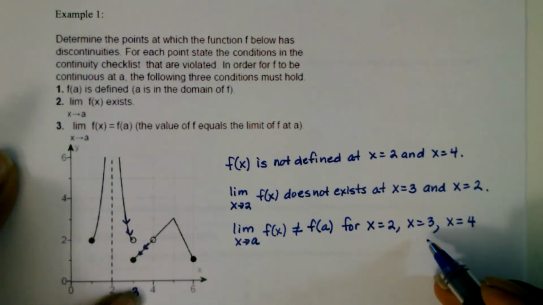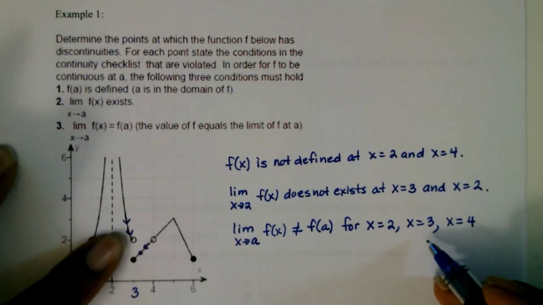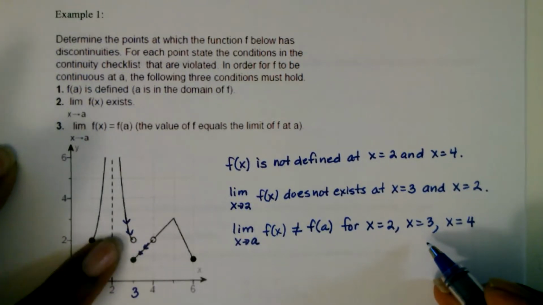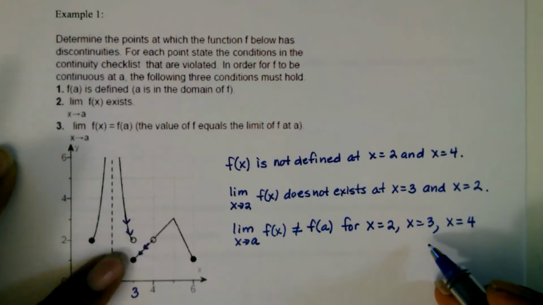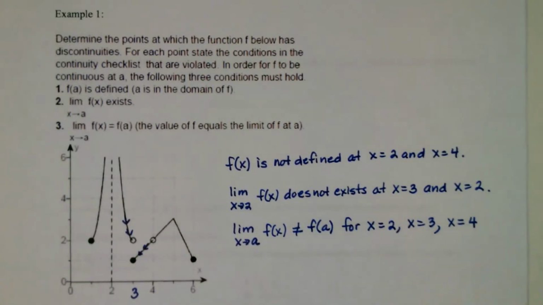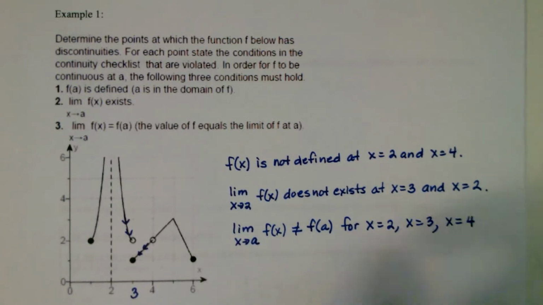And at 3, you've got the limit going to one value from the left, and from the right, its limit is another value. And at 4 the limit does not exist. So the limit as x approaches a of f of x does not equal f of a at 2, 3, and 4.